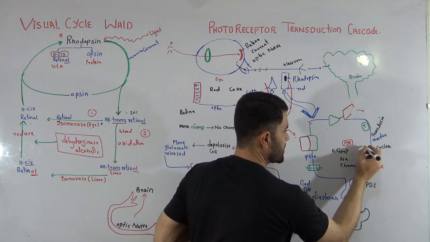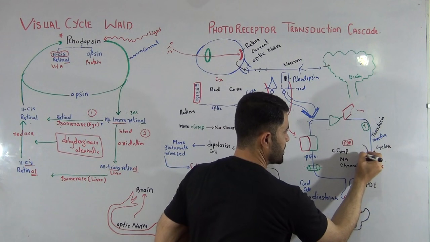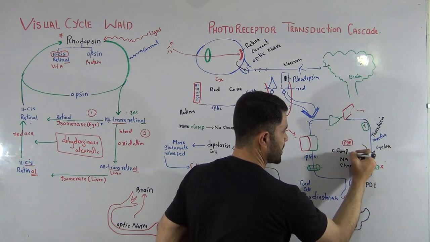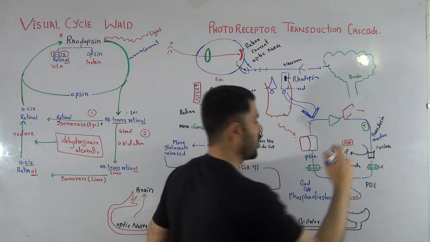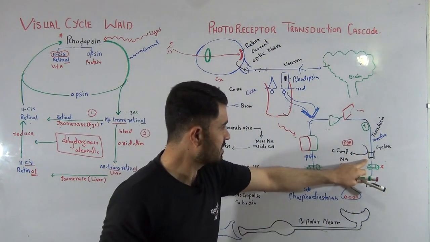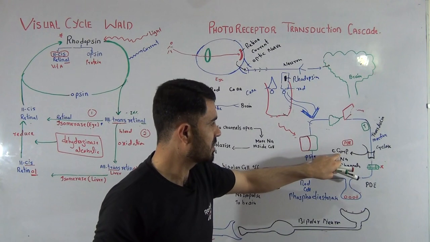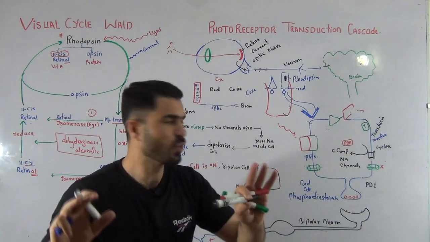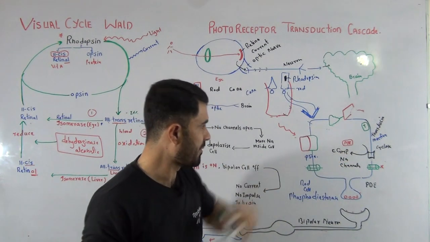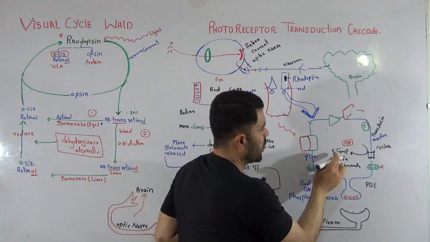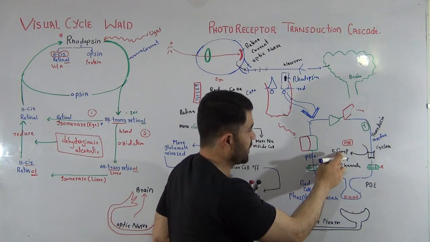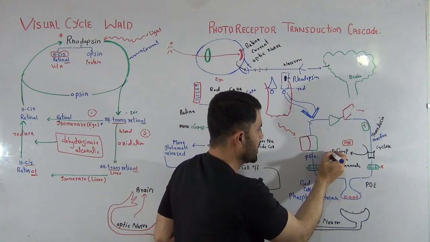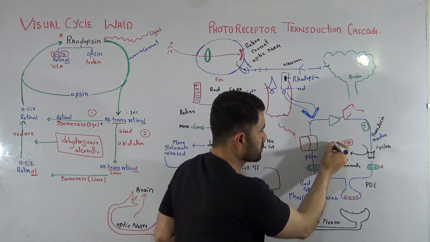The cyclase enzyme is converting, or you can say producing, cyclic GMP in simple words. So you got this. Now, when there is cyclic guanosine monophosphate in the dark, its level will be increased.